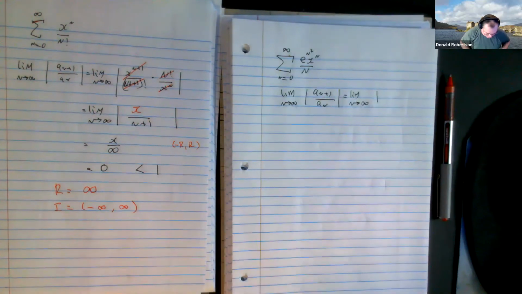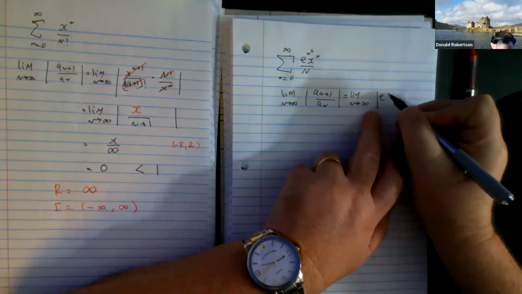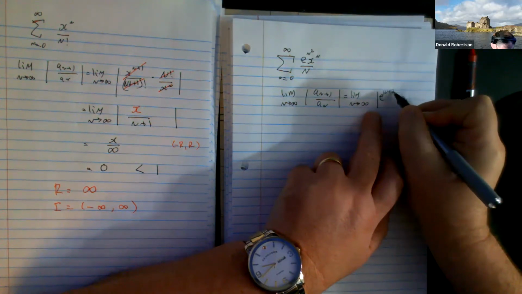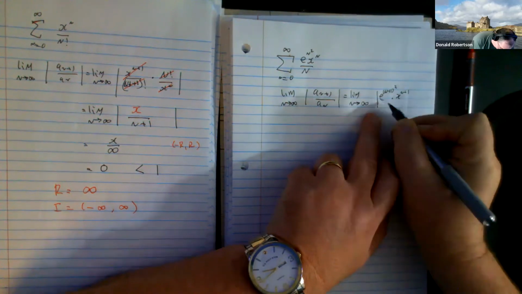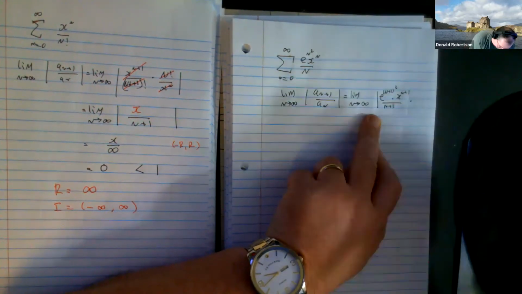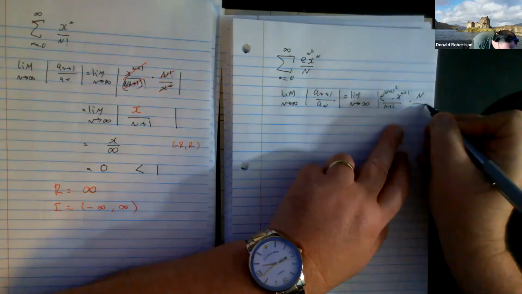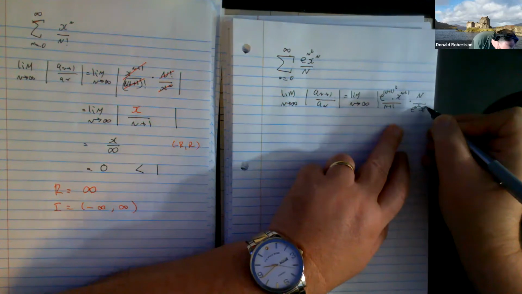Yeah, that'll work. So it's going to be e to the (n+1) squared times x to the n+1 over n+1, times n and e to the n squared and then x to the n.